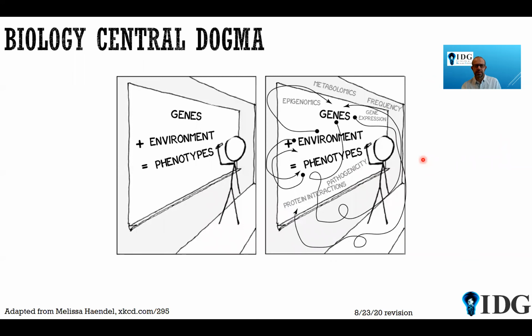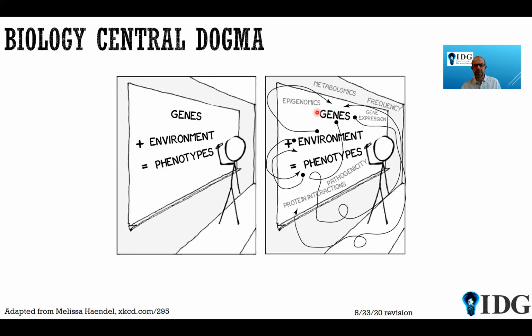So why do we care about this? Well, it turns out that we're all facing this central dogma. We initially thought that, oh, we're just going to understand genes and we're going to look at the impact of the environment, and that should give us phenotypes. Well, it turns out that the equation is much more complex.